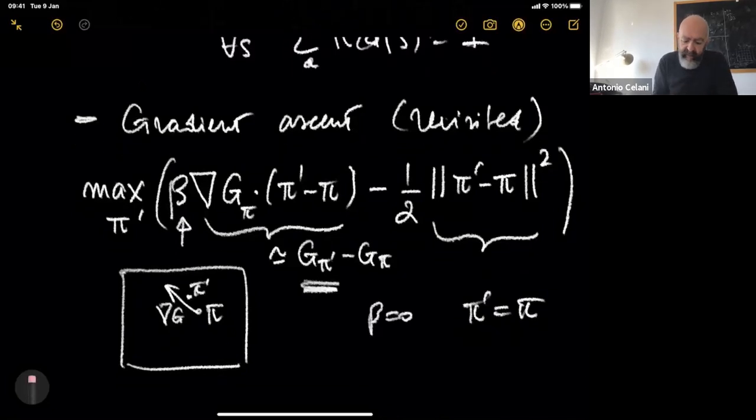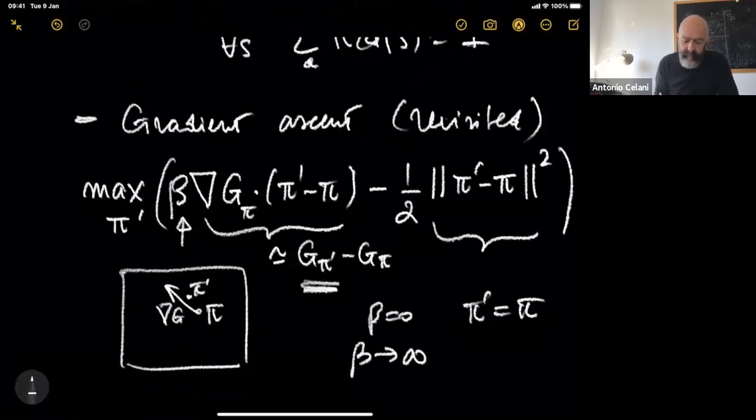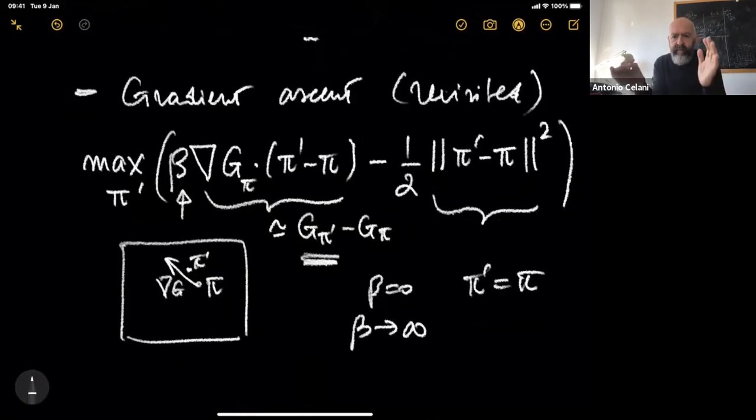On the other hand, if beta goes to infinity, I am ignoring this cost for going too far, and therefore I will certainly be projected very much out of my domain. So there is some beta in the middle, which does the job of compromising between these two requirements, believing your local gradient but not believing it too much.